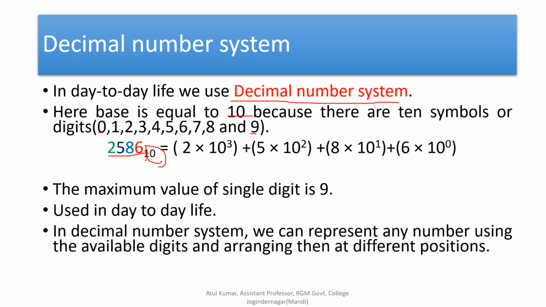And how do we represent this number? In 2586, 6 is at ones place, and its position defines its value. 8 is at tens place, so its value is 8 into 10 to the power 1. 5 is at hundreds place, and 2 is at thousands place. Suppose we interchange 6 and 2, then 6 is at thousands place and 2 is at ones place.